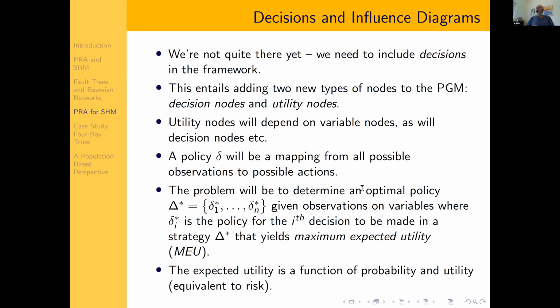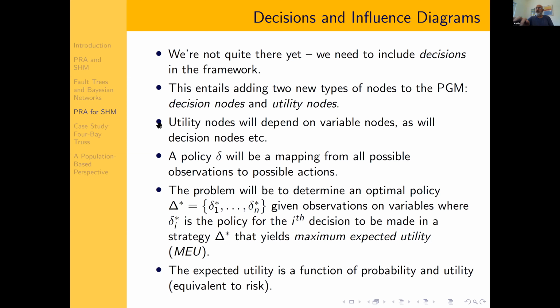And the way that we do that is with two different types of nodes into the probabilistic graphical model. There are utility nodes that tell us what the cost of certain actions are, the cost of certain variable states, and decision nodes that are going to choose an action based on the probabilities of things happening and the cost of these things happening.